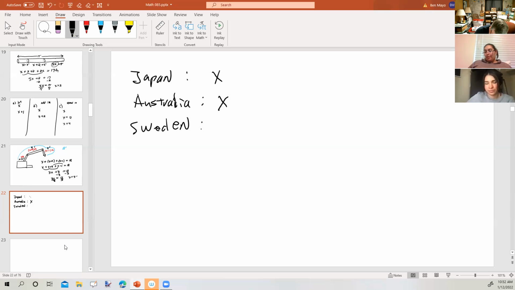So this would be X plus 4. And their stay in Sweden will be 2 weeks shorter than that of Australia. Okay. So 4 more, we add 4. 2 weeks shorter, we take away 2. All right.